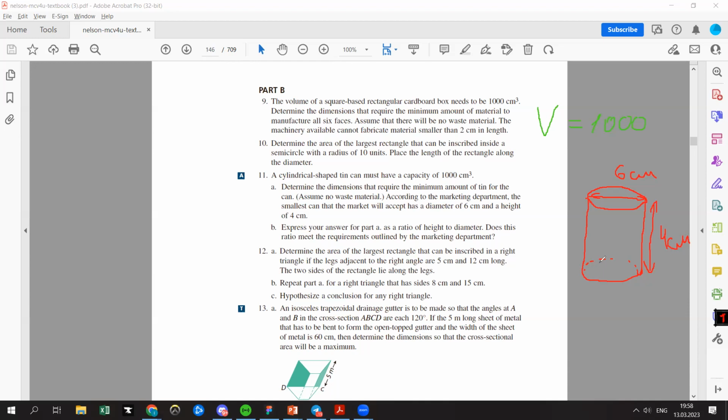Sorry, can you say that again? How would you represent the amount of tin that is required for the can? You see, here they say that we need to determine the dimensions when the amount of tin is the smallest possible, but we still maintain volume.